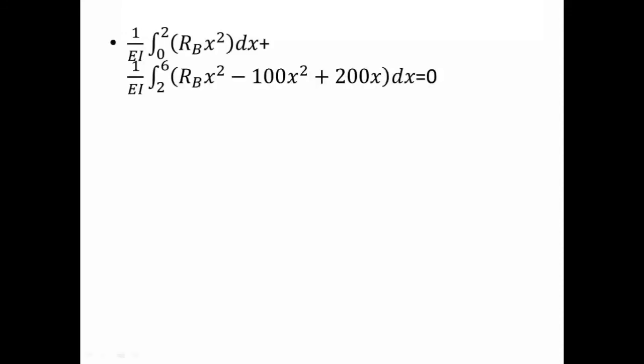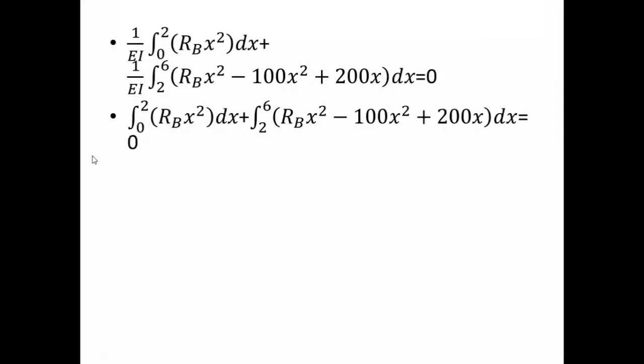So this is my first term here and this is my second term. I have equated to 0. What will be next step? Simplify the integrations. Take 1 upon EI constant, which is outside the integral, and equate it to 0. So 1 upon EI is equal to 0. Now the remaining is this term and this lengthy term.